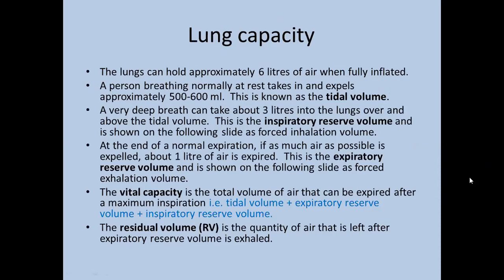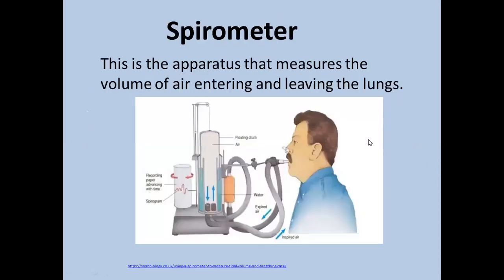So we're going to talk about a piece of apparatus called a spirometer, which measures the volume of air entering and leaving the lungs. I'm quickly going to describe how this thing works. It's not important for you to understand or to know, but the outcome is important.